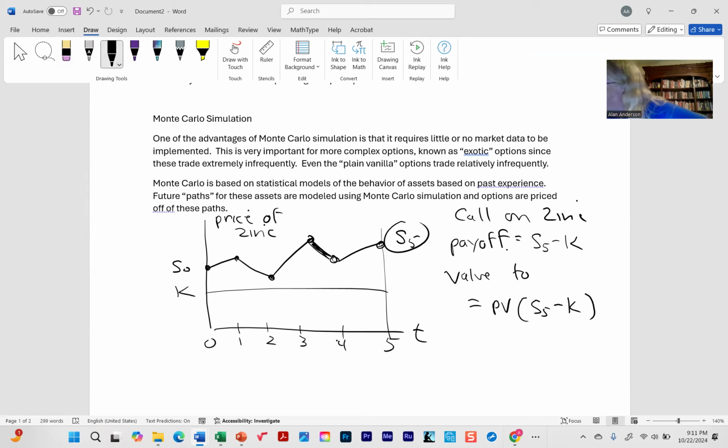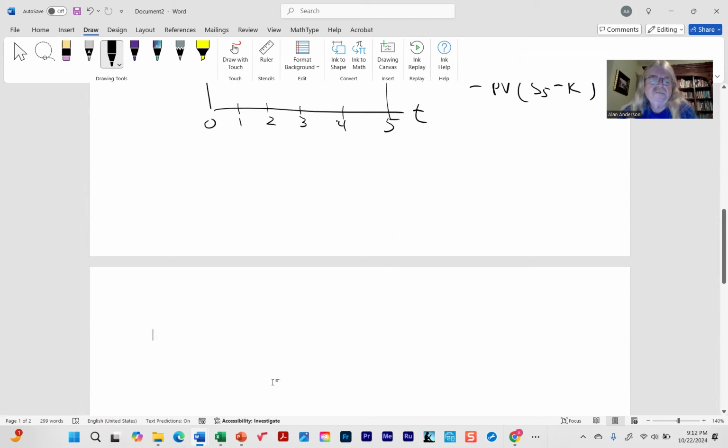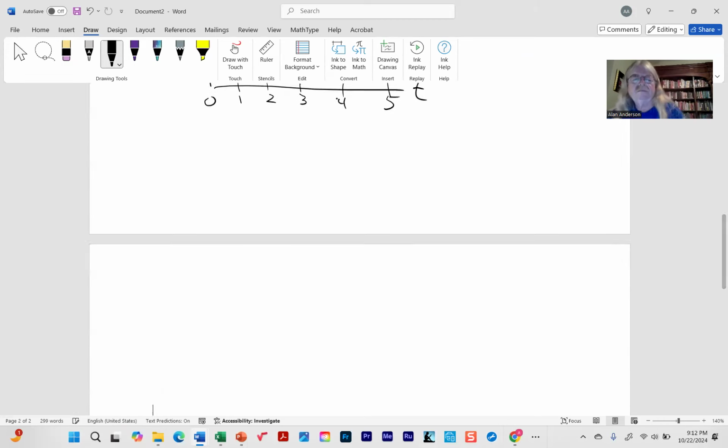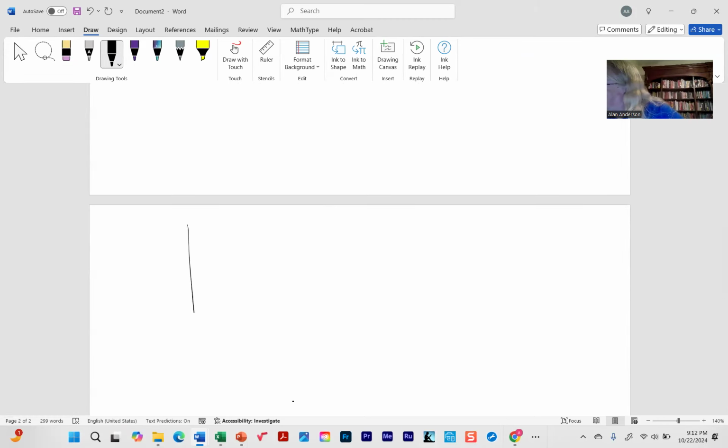Now, that's one path. Of course, we wouldn't be so foolish to think that that's definitely going to happen in the future. This is one possible path it can take. So we do this again so that we have two paths. And of course, each of these paths will be different.